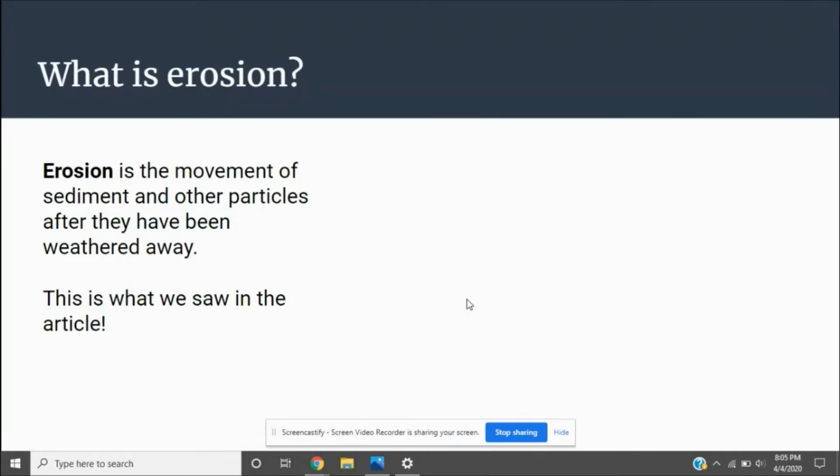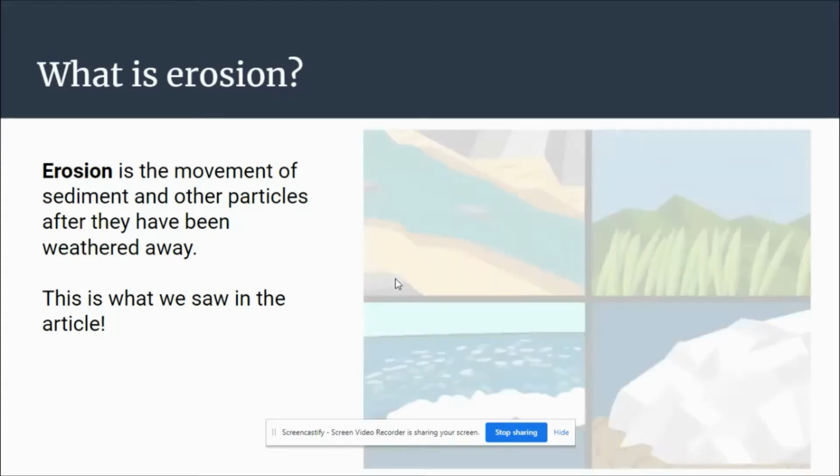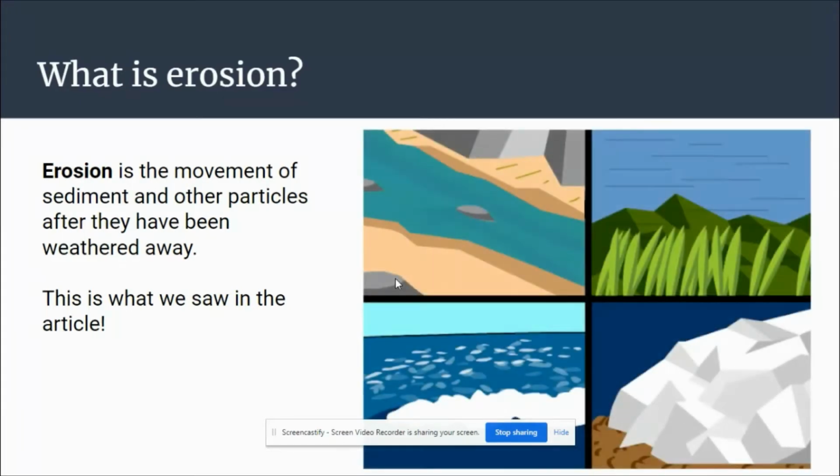Erosion is the movement of sediment and other particles after they have been weathered away. Our previous lessons have been talking about weathering, which is using wind, water, ice, or a combination of those things to break away the soil. But erosion is actually the movement, or the transportation, of soil.